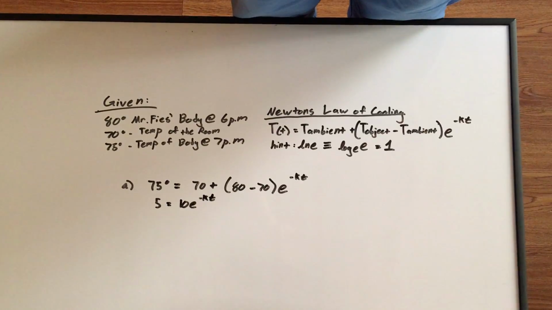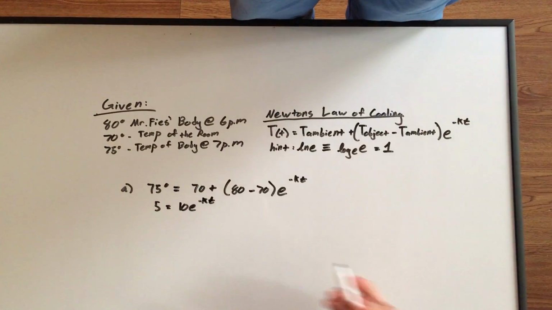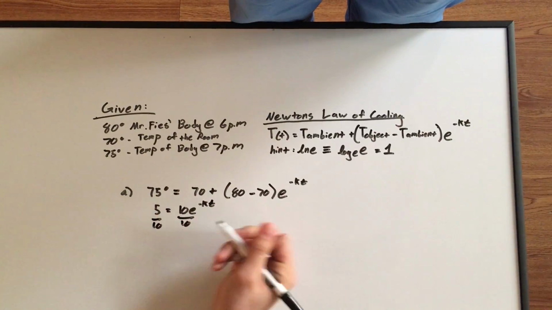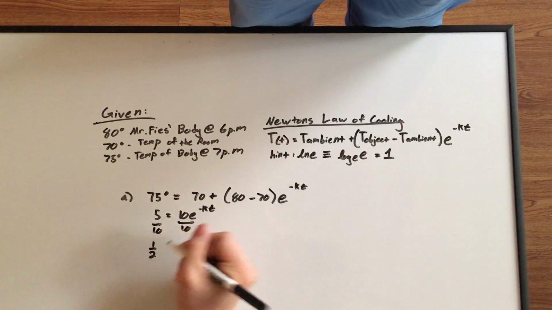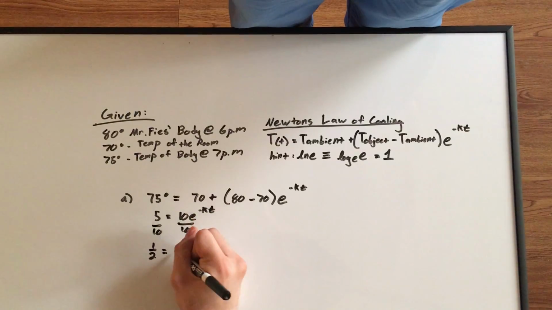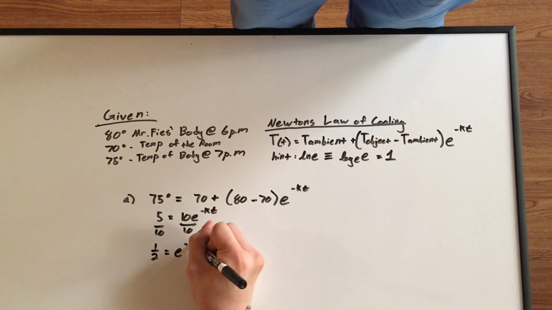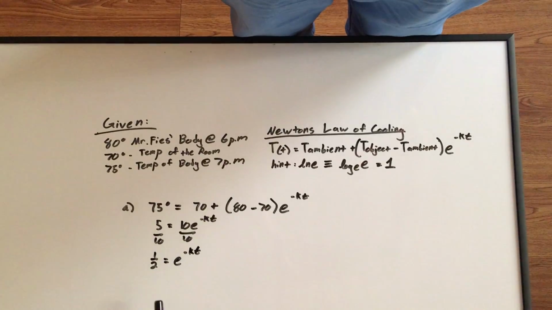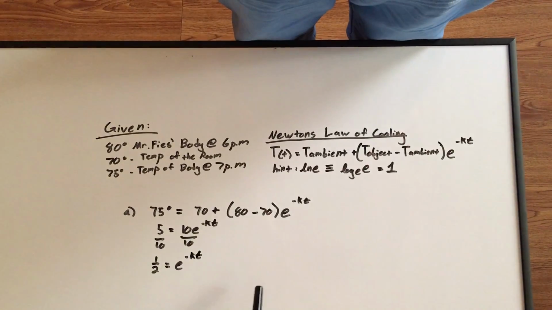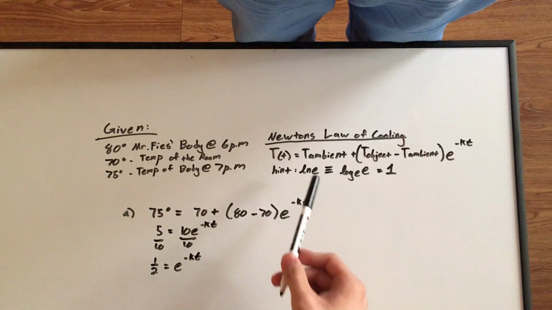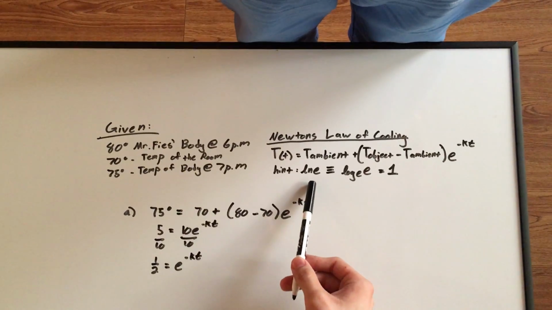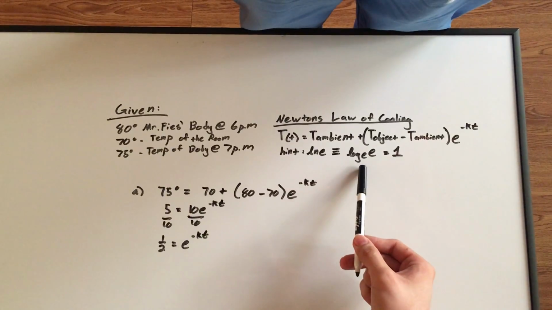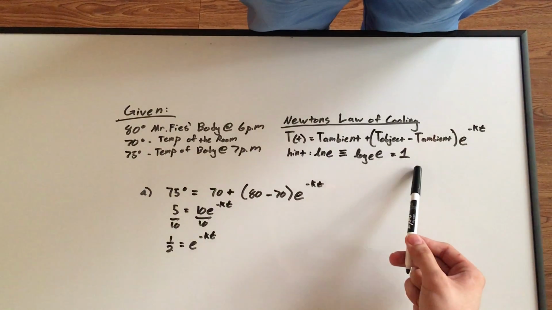Alright, the next thing we're going to do now is divide both sides by 10. Now we have 1/2 is equal to e to the negative k times t. Now, we're going to ln both sides. If you know anything about algebra, I wrote it down here. The ln of e is equivalent to the log base e of e, which is equal to 1.